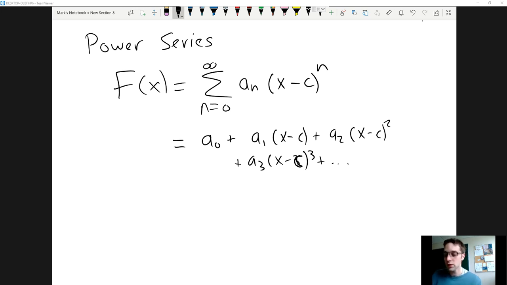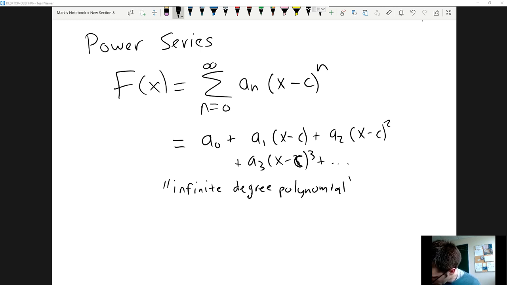And you'll notice that you can think of this as being just an infinite degree polynomial. It just has a bunch of powers of x minus c.